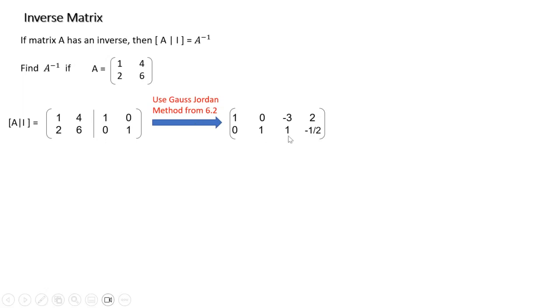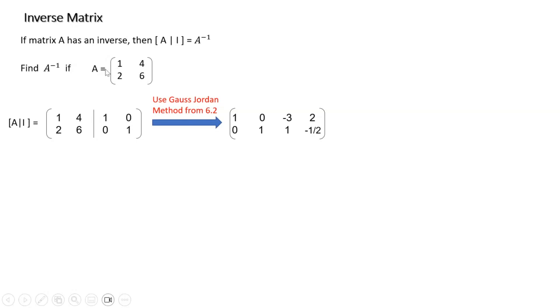So this is my solution. In the previous slide, if you multiply them, it will give you 1, 0, 0, 1. But here, guys, I'm going to show you the Gauss-Jordan method, how to apply the inverse.